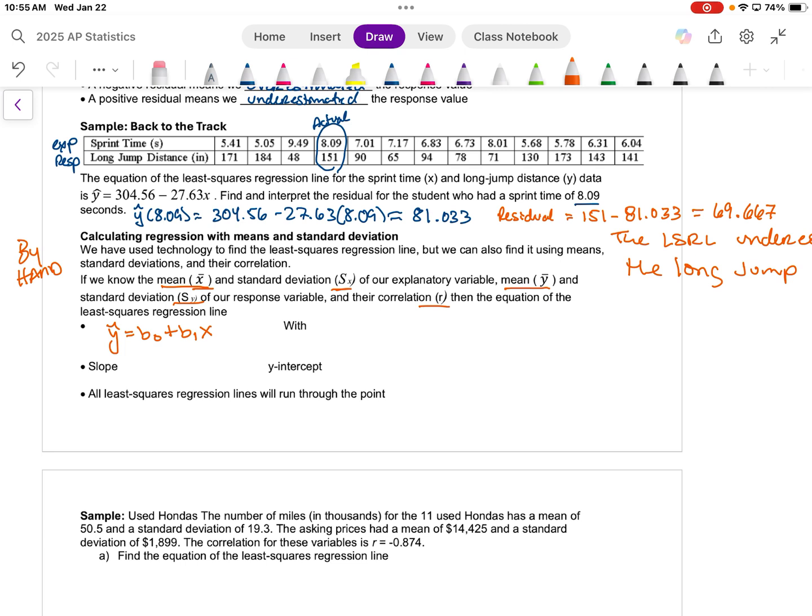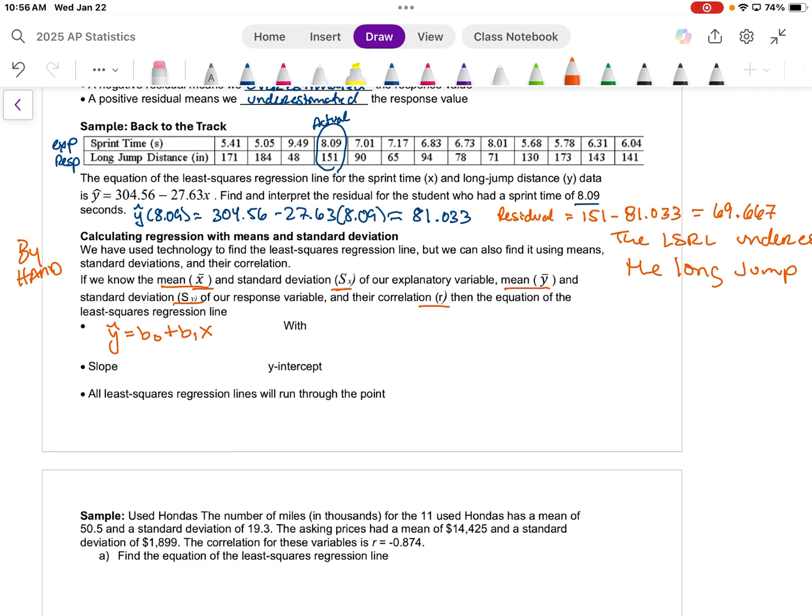So in order to do this process, if they don't give you all the data values, they have to give you the mean of the response and explanatory variables, also their standard deviations, and they need to give us the correlation, the r value.